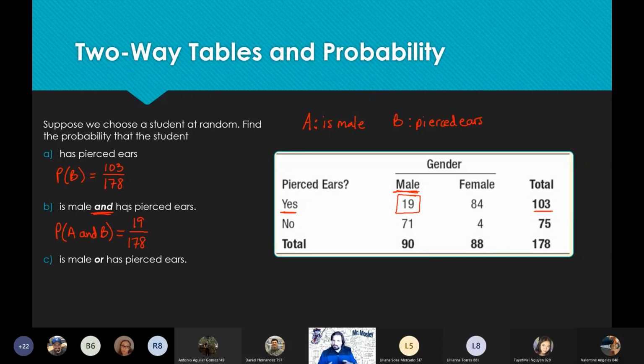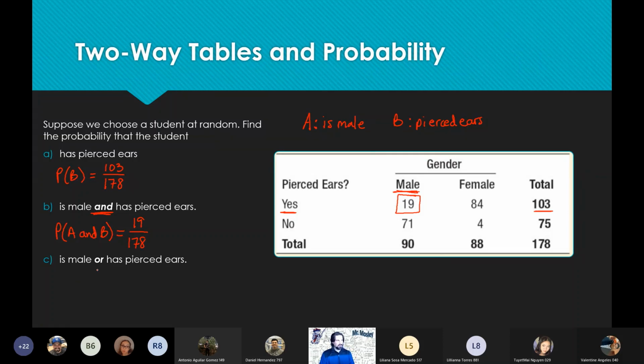So, and within probability and also in other fields of math, and is exclusive, meaning everything attached with an and has to occur to be counted. So we must have the event male, being male and having pierced ears. Both of those things have to occur for that outcome to be counted. We have 19 outcomes that were male and pierced ears.